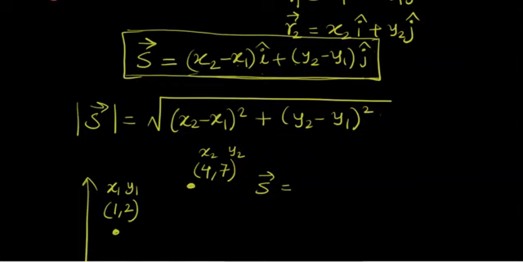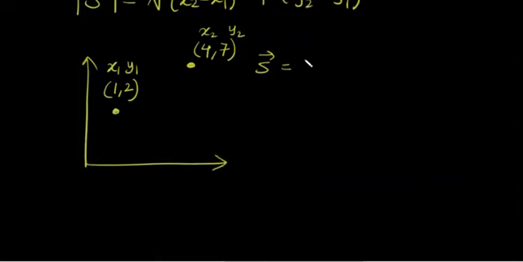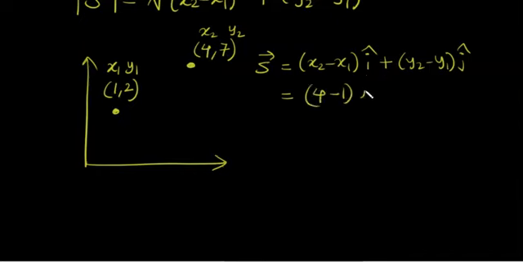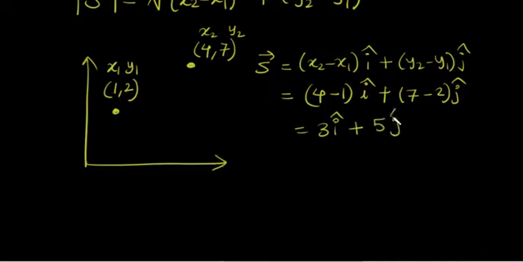Substituting, x2 is 4 and x1 is 1, so 4 minus 1 i cap, plus y2 is 7 and y1 is 2, so 7 minus 2 j cap, which is equal to 3 i cap plus 5 j cap.